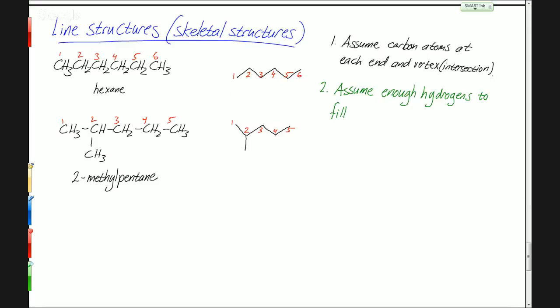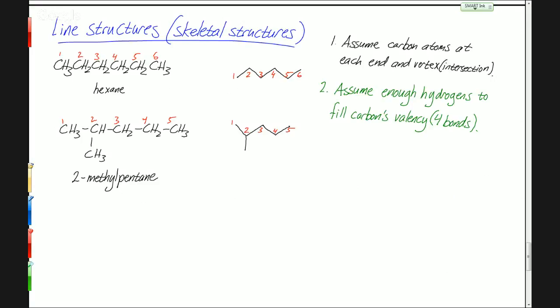And the real way to say it would be to fill carbon's valency, which is another way of saying give it 4 bonds. So we always assume that however many things a particular carbon is connected to, there's going to be enough other ones so that there's 4 bonds to that carbon total.